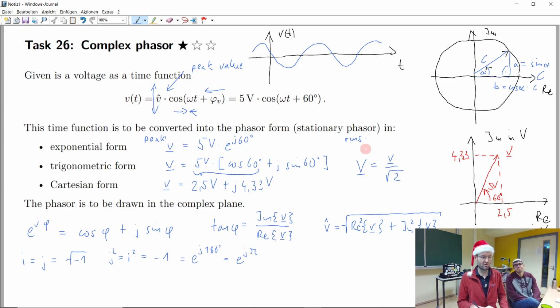Now the question, of course, that you might ask, what do we need this RMS phasor for? Like the effective value? Yeah, it's the effective value, and what do we need this effective value for? For power calculation. So as long as you just calculate currents and voltage in a circuit, you're totally fine with these peak phasors.